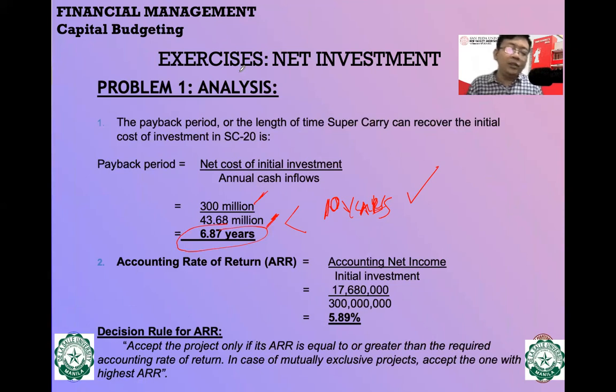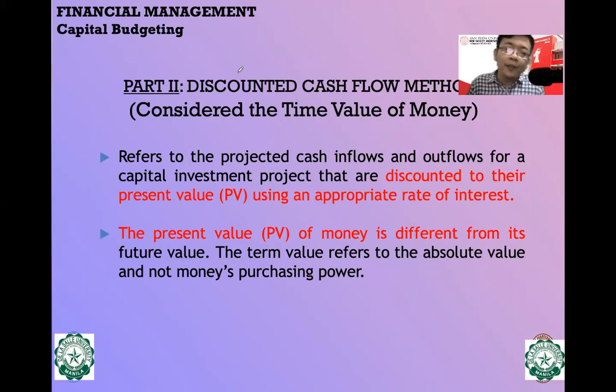Next is all about your time value of money. All right. What is this? It refers to the projected cash inflows and outflows discounted to their present value using the appropriate rate of interest. So as discussed last time, we need to compute for the present value of annuity or present value of one.